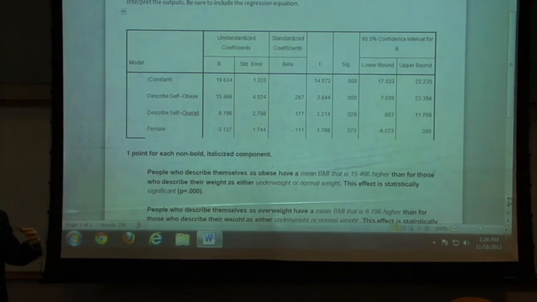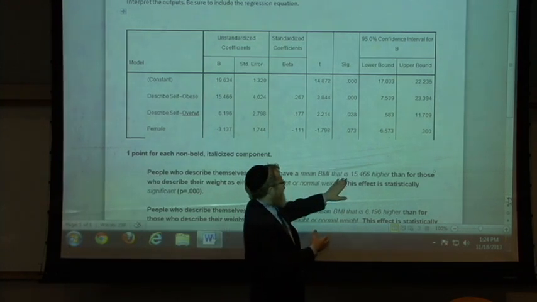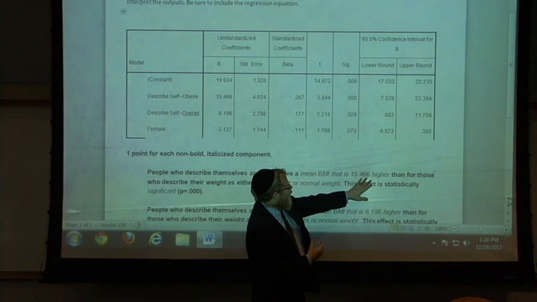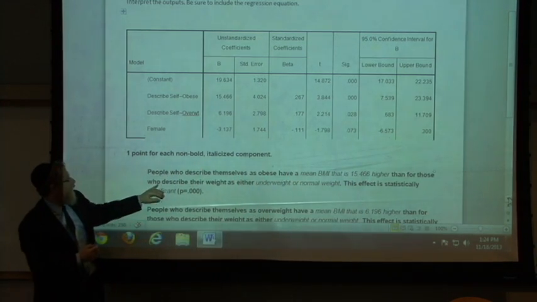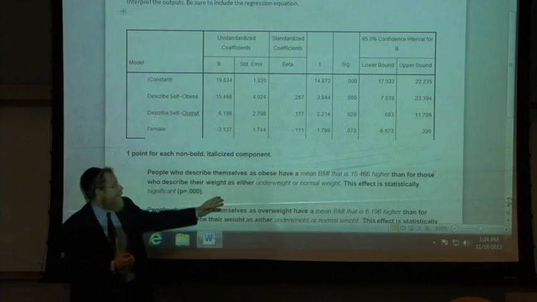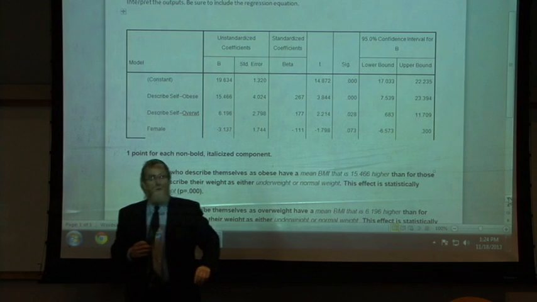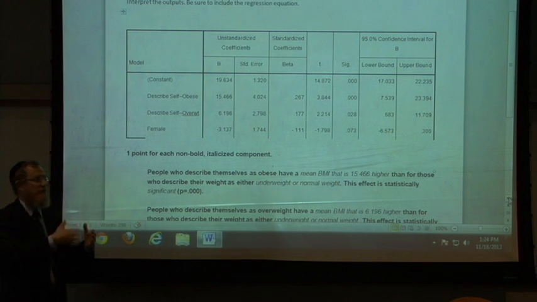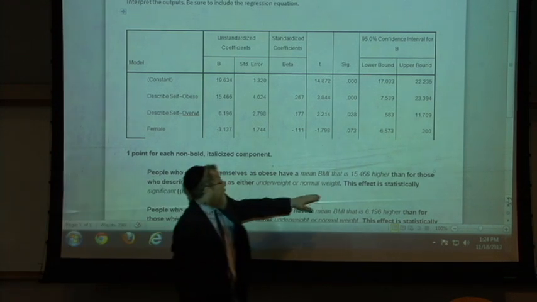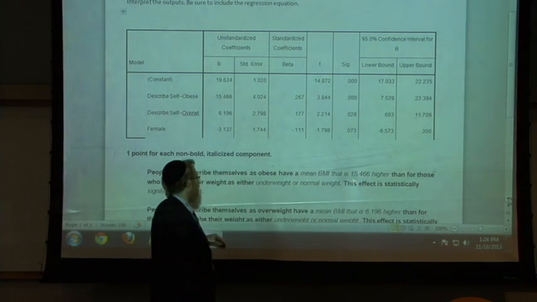We're saying on average, people who describe themselves as obese have a mean BMI that's 15.466 higher than for those who describe their weight as underweight or normal weight, which is our reference group. So compared to those describing themselves as underweight or normal weight, the ones who describe themselves as obese have a mean BMI that's much higher, quite a lot higher, 15.466.